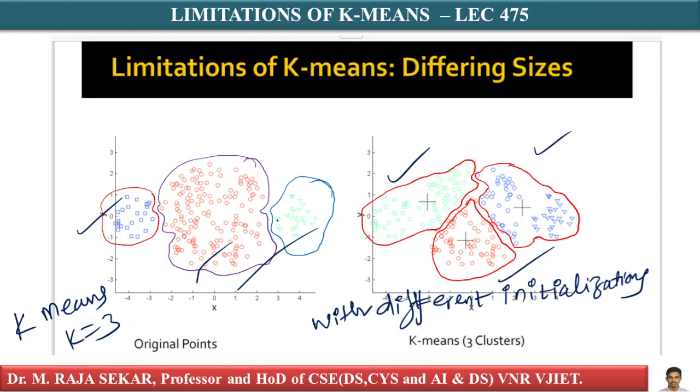The reason for this is that k-means tends to prefer to create clusters which are roughly of the same size. I will repeat: k-means tends to prefer to create clusters which are roughly of the same size, just like this one.